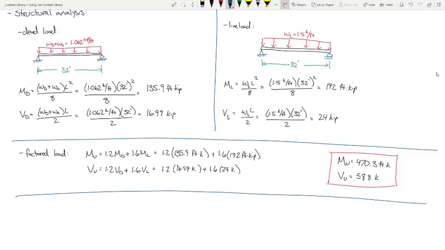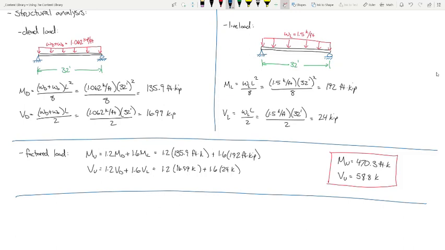Okay, so moment, we know that MU is 470.3. We know that VU is 58.8. Let's use that as our sort of tally, as it were.